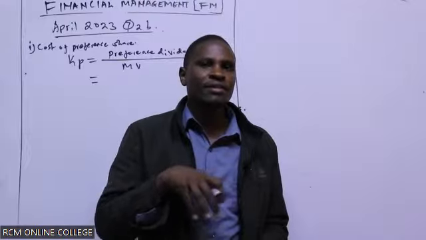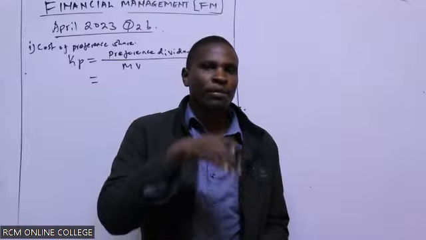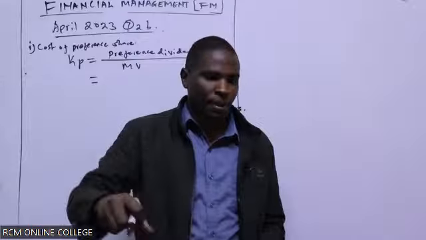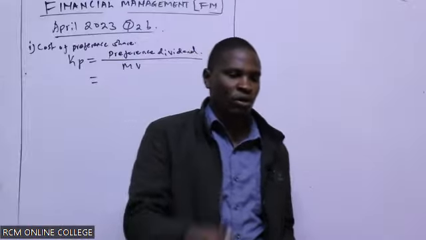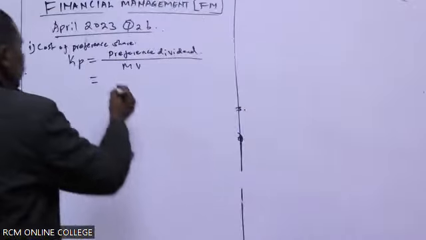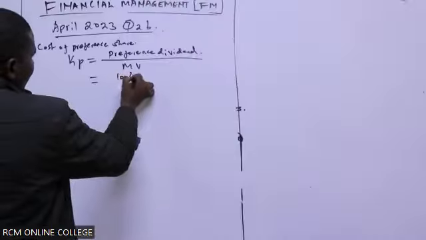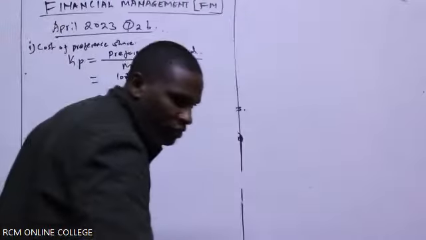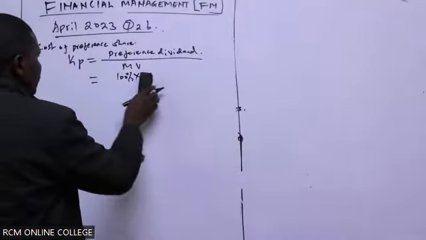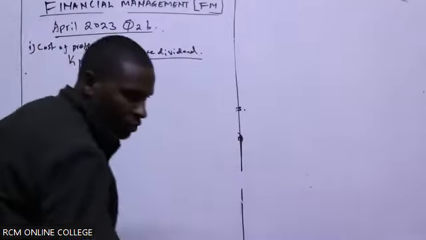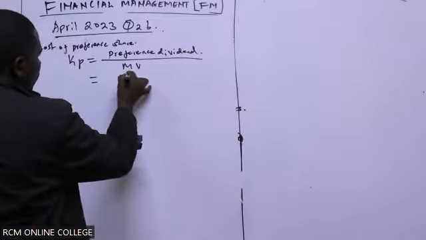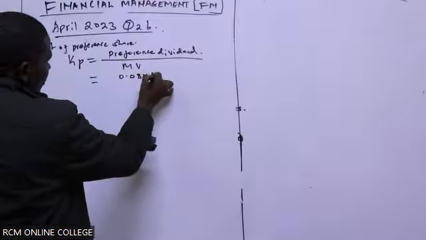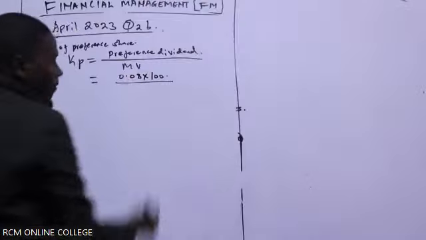How do we get interest from a loan? You take the interest rate times the par, the loan borrowed. So it will be, not 100%, but 8%. We are told the preference dividend is 8. So it will be 8% or 0.08 times 100, divided by market value.